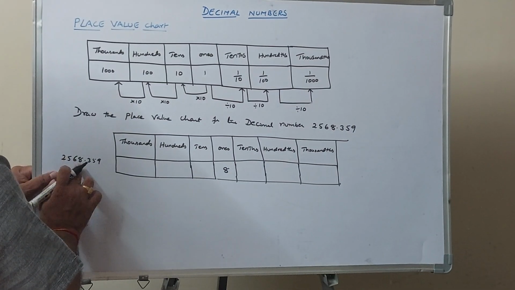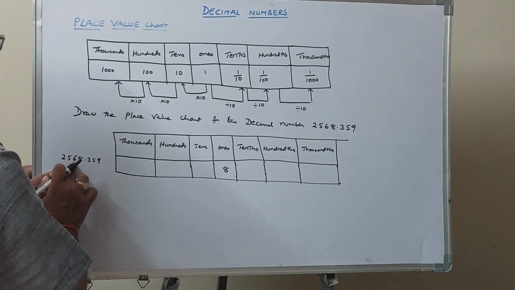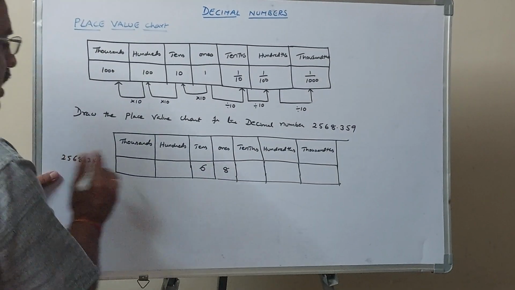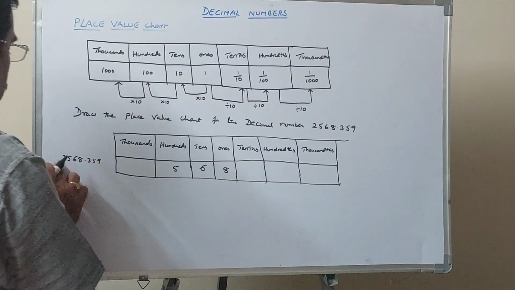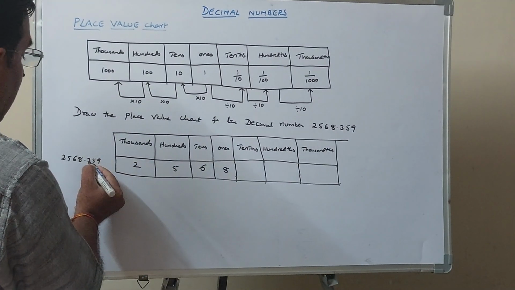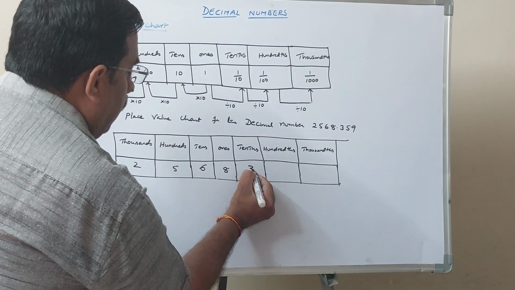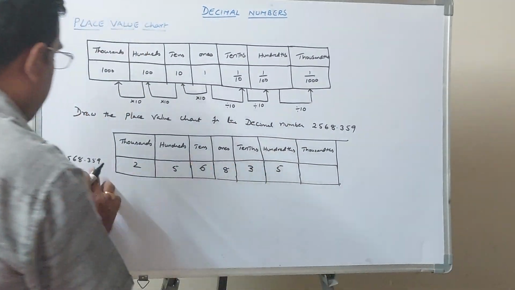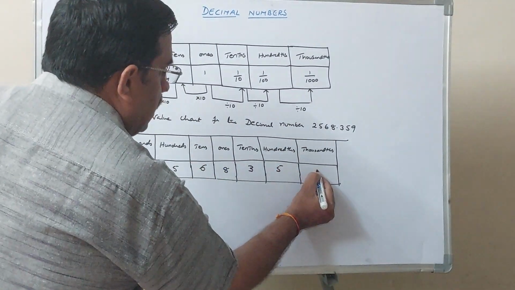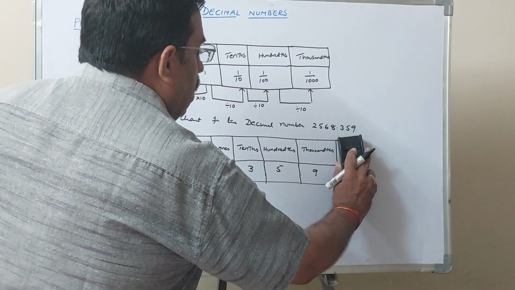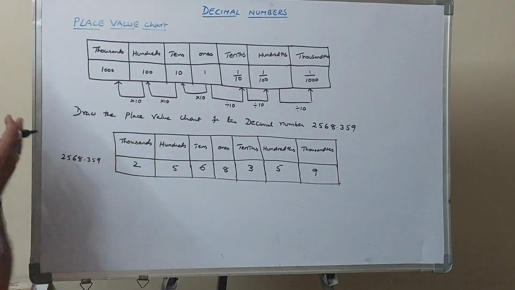This is the whole number part. Hundreds place is 5, and 2 is in the thousands place. And 3 is in the tenths place, 5 is in the hundredths place, and 9 is in the thousandths place. This is the way of writing the place value chart for decimals.